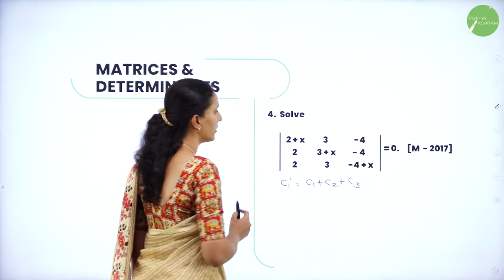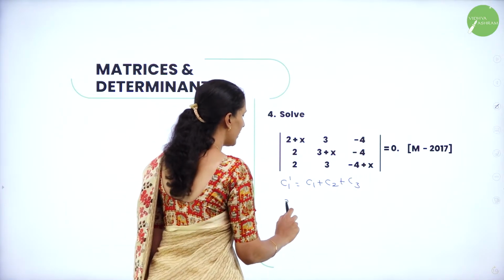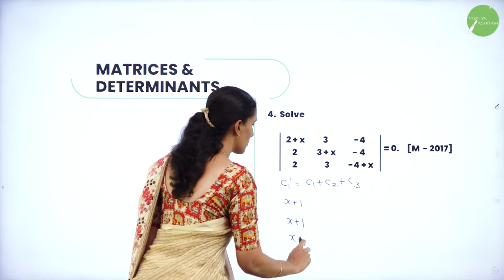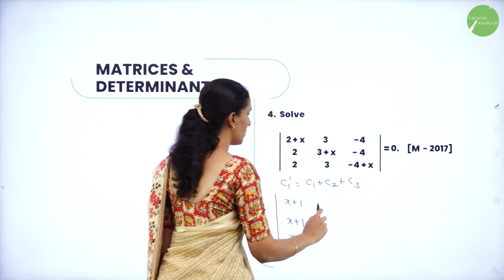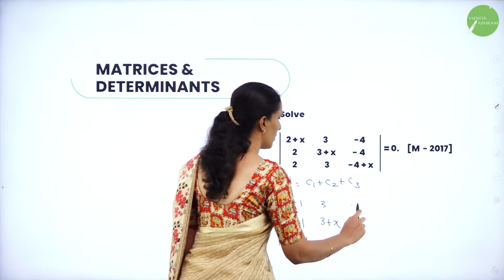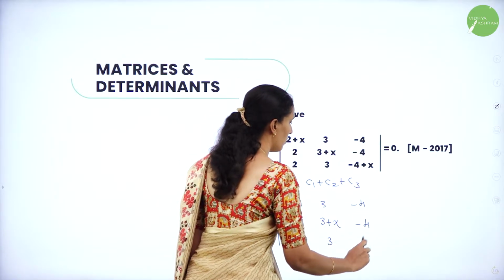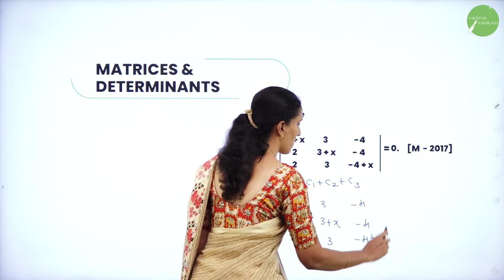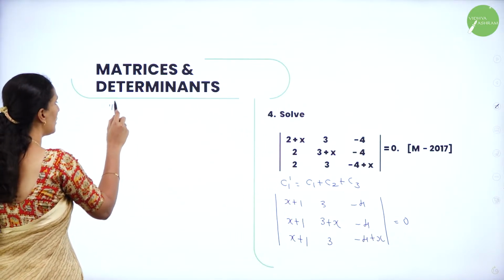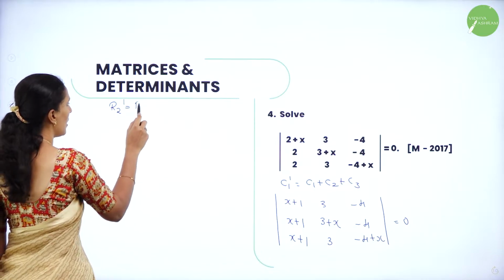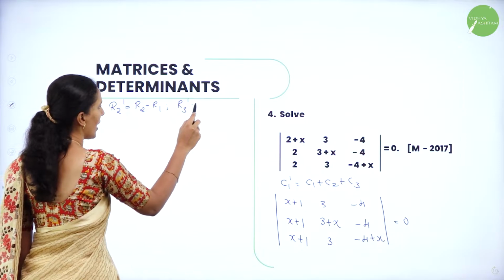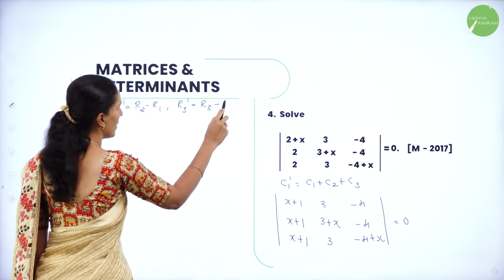What you will get in the first column is x plus 1, x plus 1, x plus 1. So you have 3, 3 plus x, 3, minus 4, minus 4, minus 4 plus x, equal to 0. Now I will take R2 dash as R2 minus R1 and R3 dash as R3 minus R1.